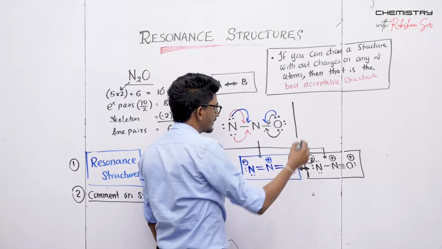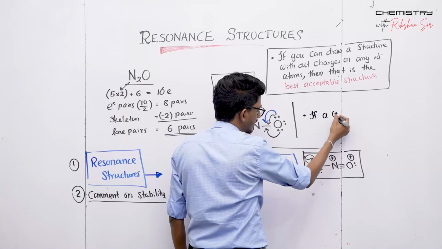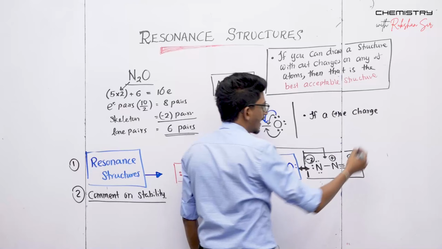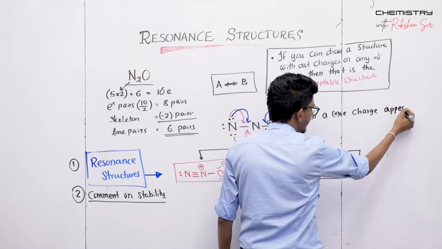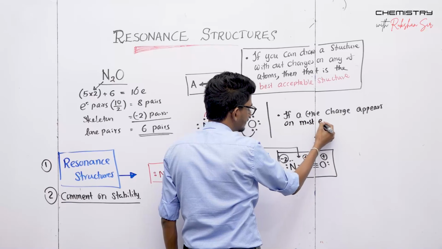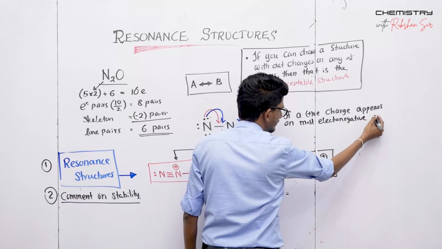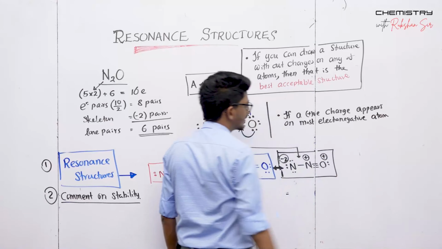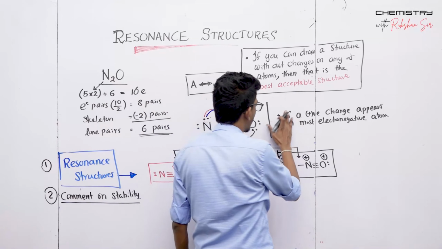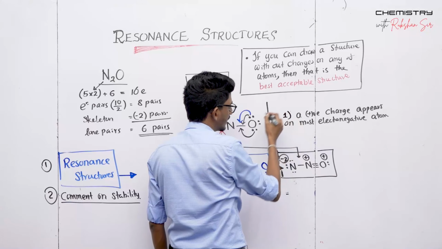First reason: if a positive charge appears on the most electronegative atom of the system, then the structure is considered as an unstable structure.